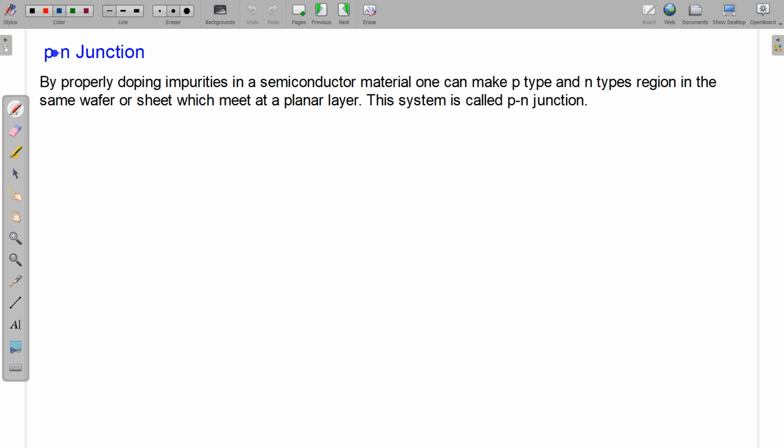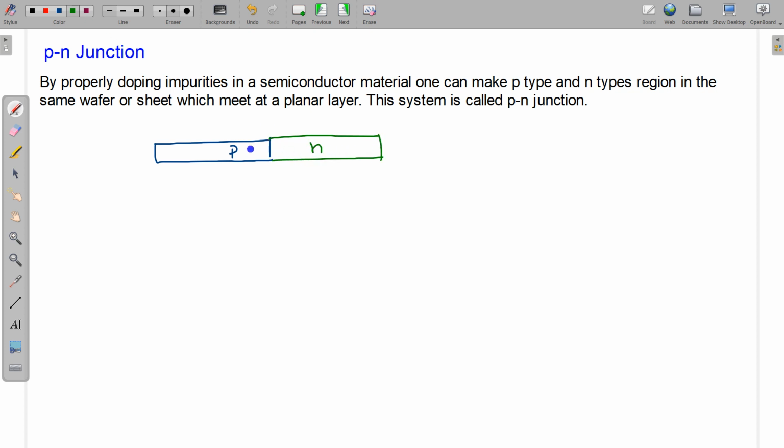So till now we know what is p-type semiconductor, we know what is n-type semiconductor, and now this is p-n junction. P-n junction, as the name suggests, is a junction of p-type material and n-type material, but we cannot take it like this, that we took a p-type material, we took an n-type material and just combine them.